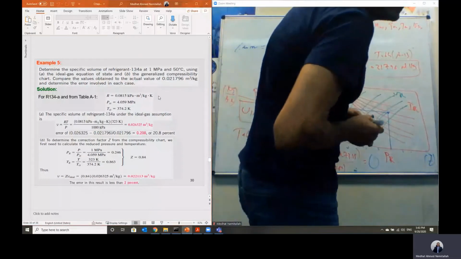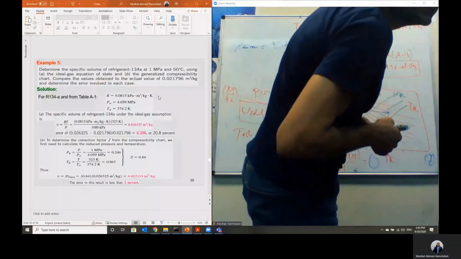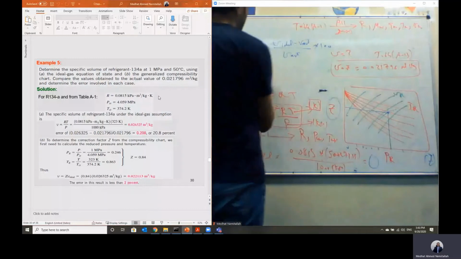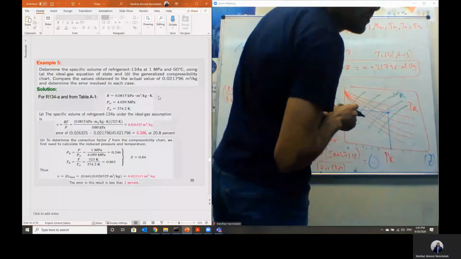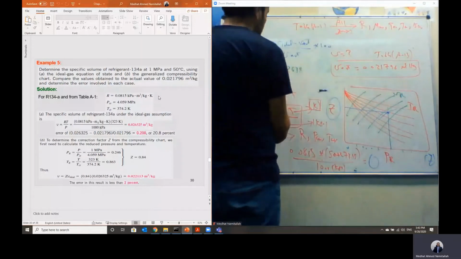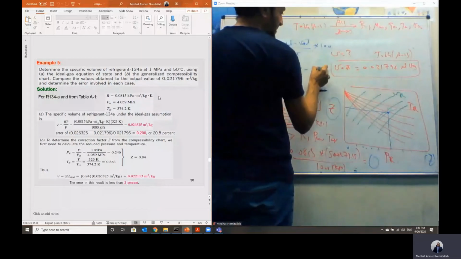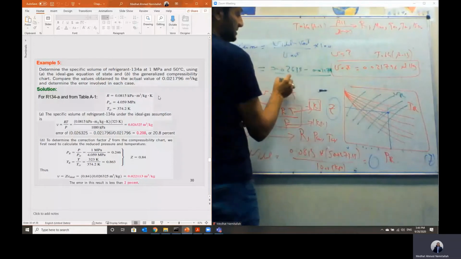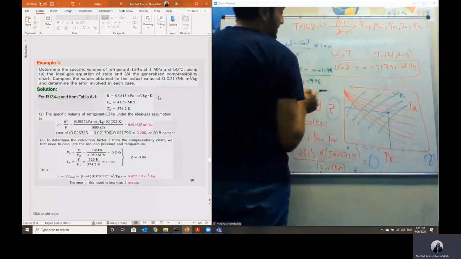V ideal, if you calculate this value, will equal 0.02635 minus the actual value, which is 0.0219796, divided by the actual, 0.0219796.